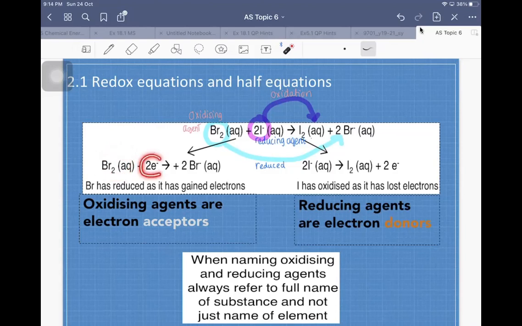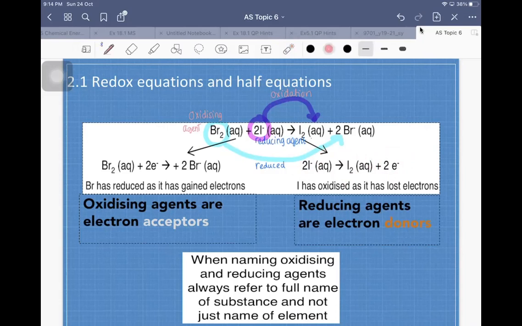And it takes in the electrons. So we say that bromine accepts electrons to form bromide. Reducing agents in general are electron donors. Your reducing agent is iodide, and iodide is being oxidized into iodine to donate electrons.